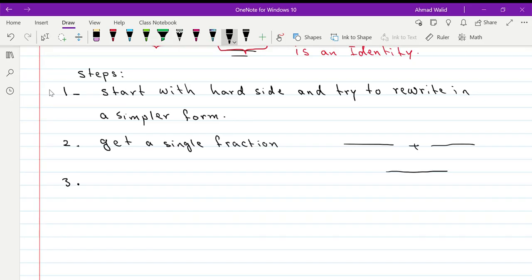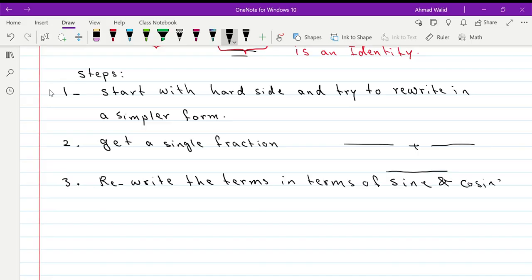I think I did an example like this in 5.1 for you. Step 3. Rewrite the terms in terms of sine and cosine if possible.